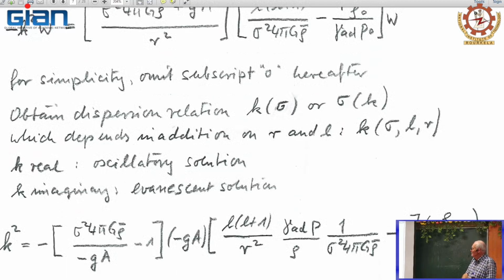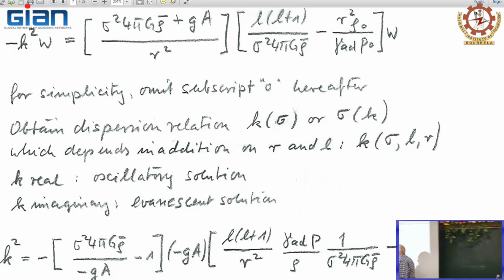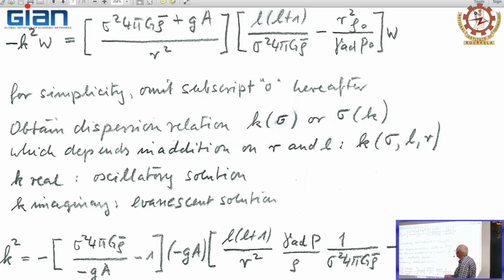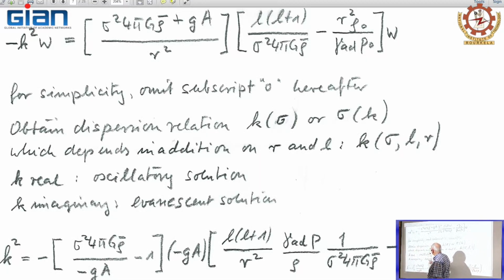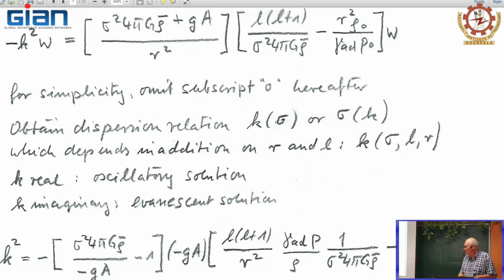Okay, so this is the same dispersion relation, simply cutting out the W and somewhat rearranging this dispersion relation. In particular, we have multiplied it with -1. We have taken out of the integral the factor minus GA, and we have taken out of the integral the value gamma adiabatic P over rho, taken this out of the bracketed terms.